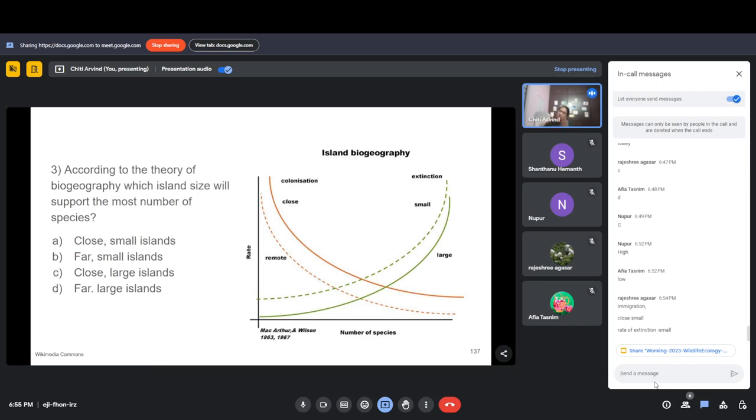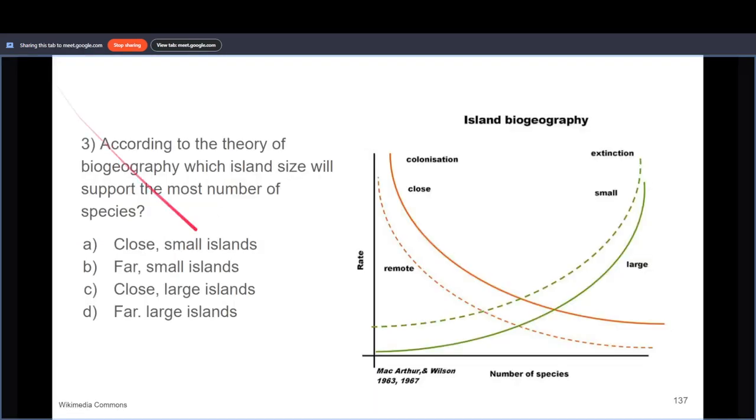So even though you have a large number of species that can probably reach that landmass, your rate of extinction is going to be higher because the island area itself is small, right? But if you go for a large island that is far away from the mainland, it will have a lower colonization rate because, even though it can support a large number of individuals, only a few individuals are able to make it to that place. That's why they have a comparable mid-level number of species, right?